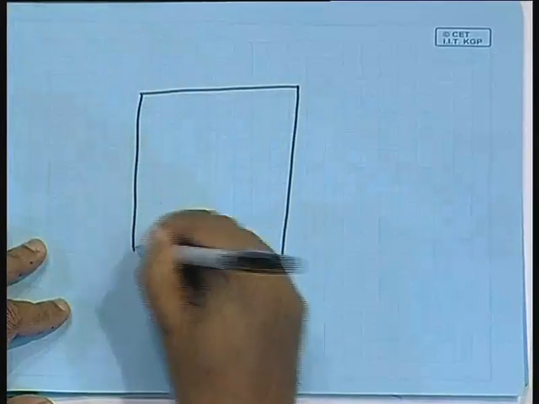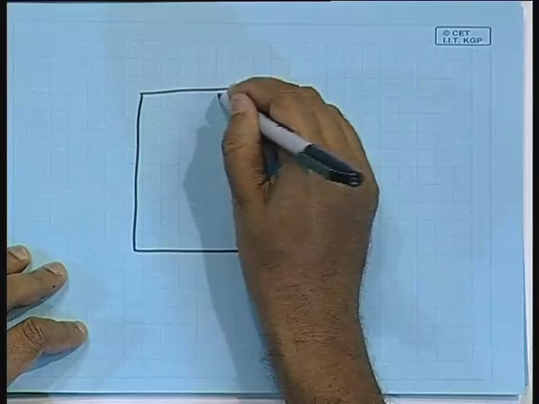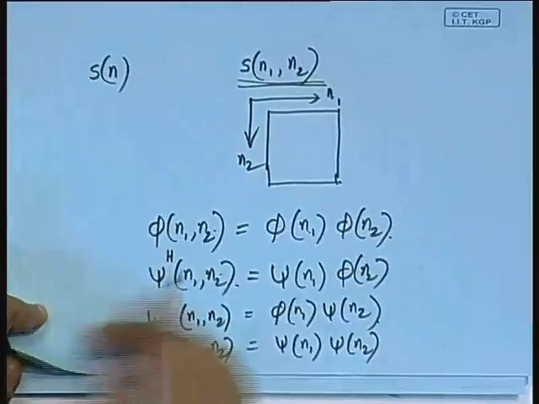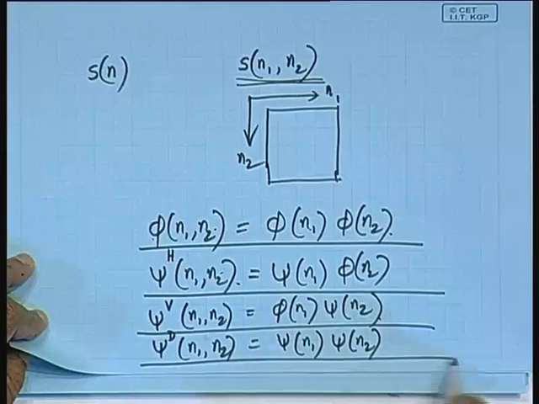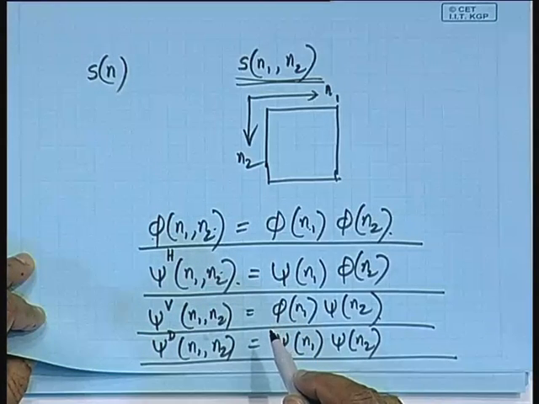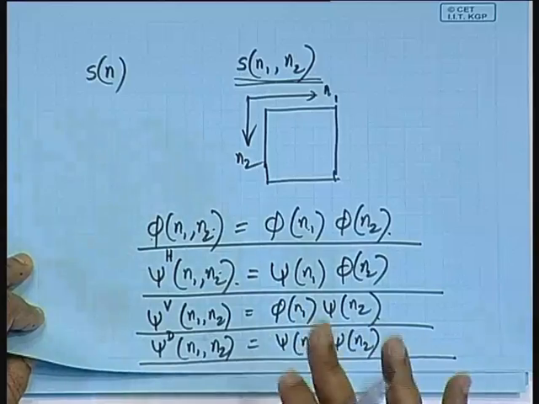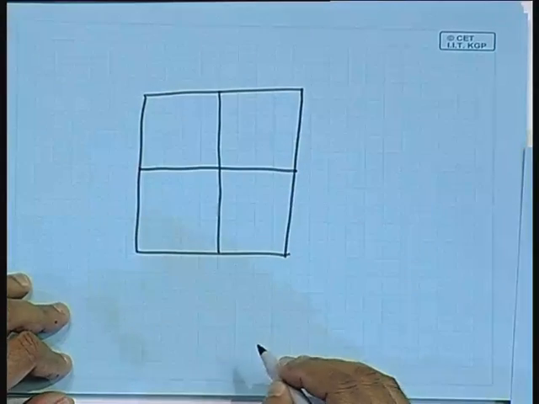So, if I start with an image, if this is my image, then I can split it. When I apply the 4 different wavelet filters, filter 1, filter 2, filter 3 and filter 4, these individual filter responses I can represent in my image space by splitting it into 4 quadrants.